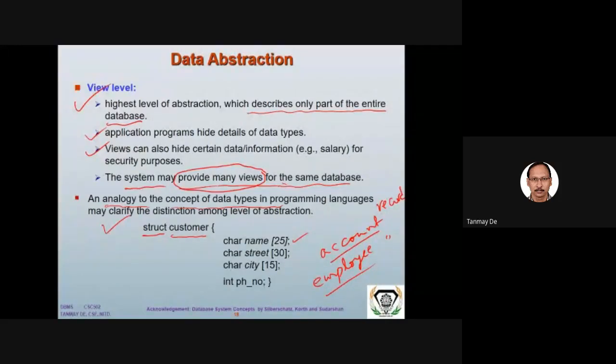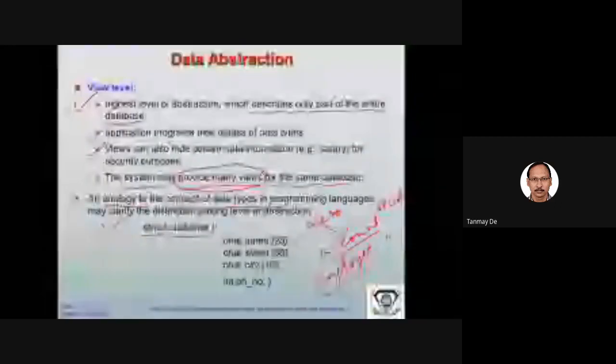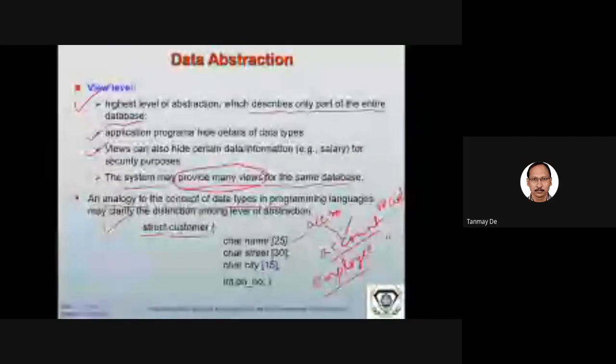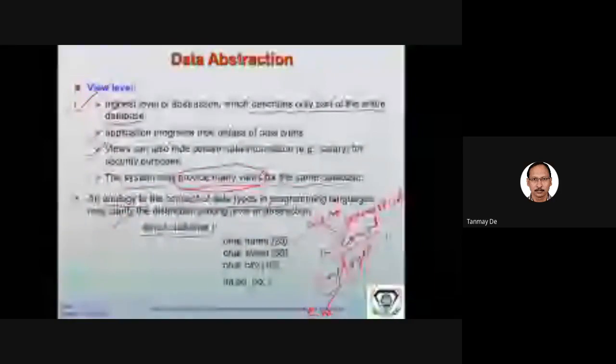The account record also contains some attributes: one attribute is the account number, and another attribute is the balance. Similarly, for simplicity, the employee record has the employee name and the salary of the employee.